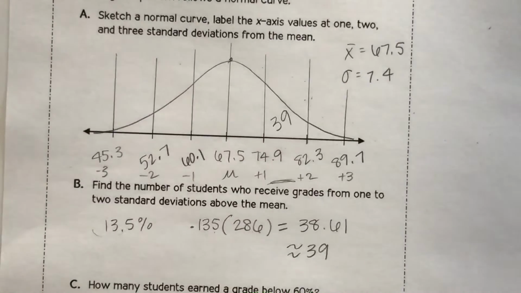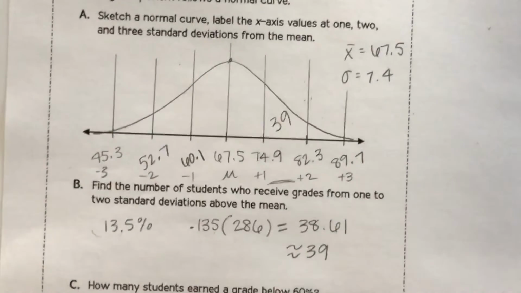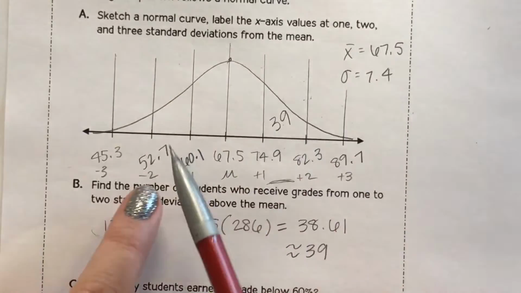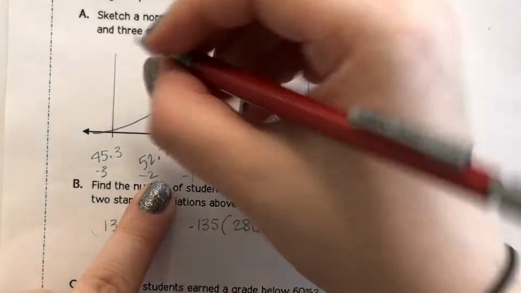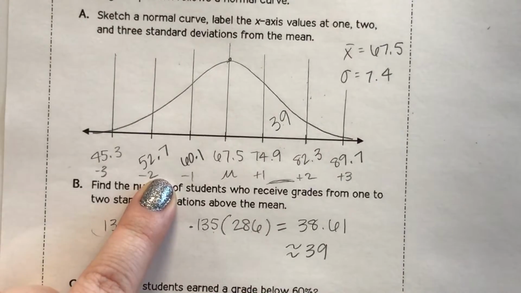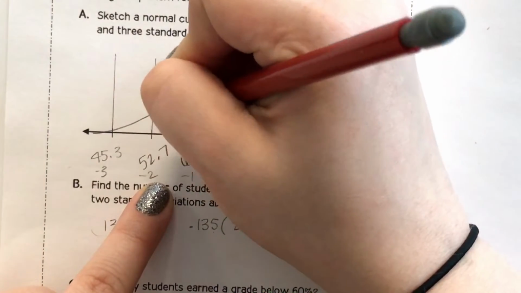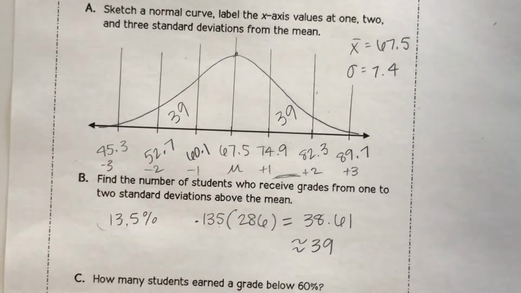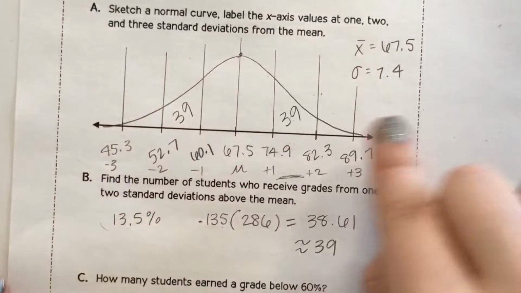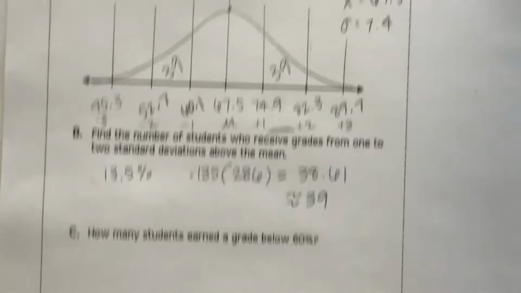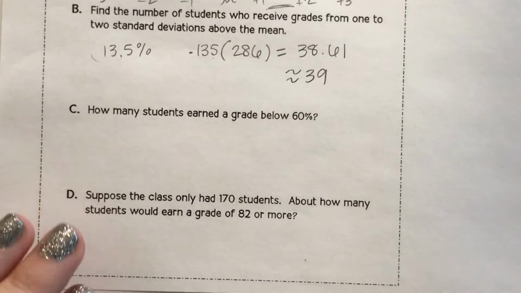And since we know that the normal curve is symmetrical, there's also going to be 39 students on the other end of the spectrum, from 1 to 2 standard deviations below the mean. Because it's symmetrical and forms a normal curve, whatever's up here will also be down here. So let's do the next one.